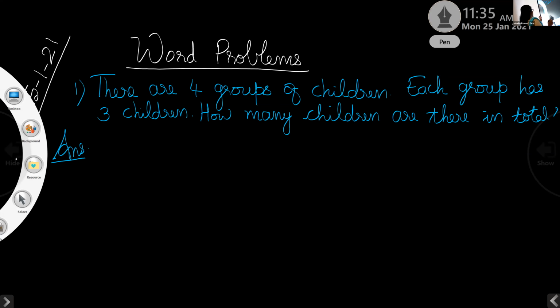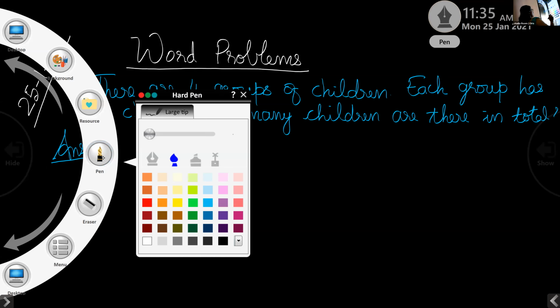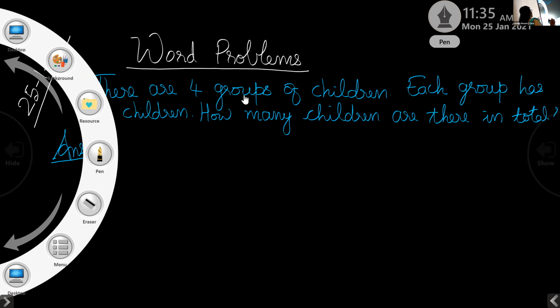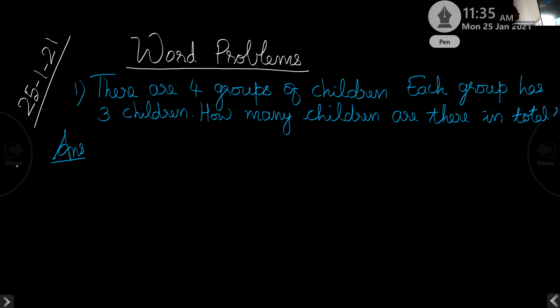Okay, so this is the question. There are 4 groups of children. Each group has 3. And how many children are there in total? So it is told that there are, number of groups.